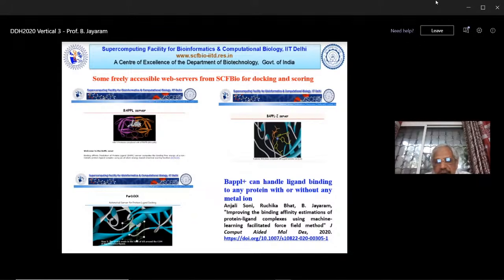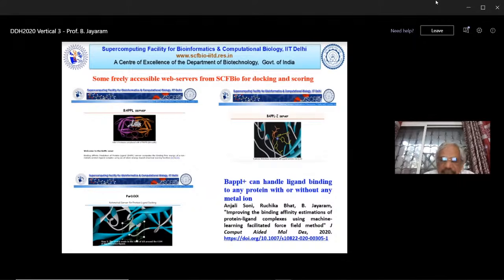I would have been happier using some chemistry force field based methods, but they have augmented it with AI technologies, particularly random forest. So using these methodologies, they were able to push the accuracies to a much higher level. So BAPPL Plus is one of the very accurate methodologies for binding free energy estimates.